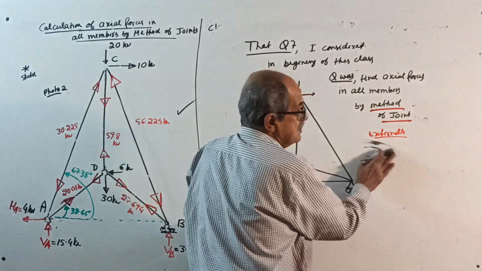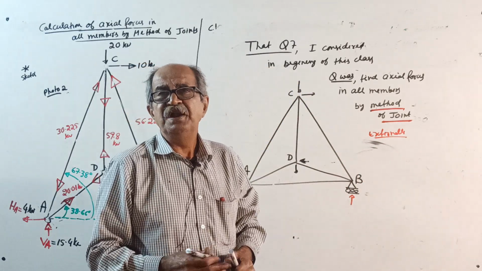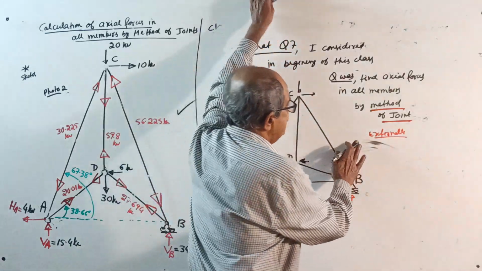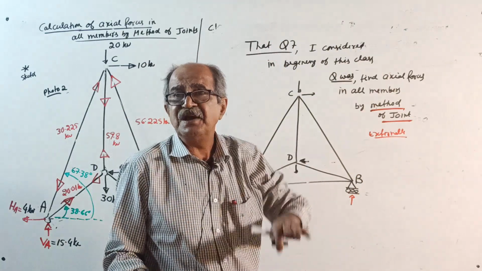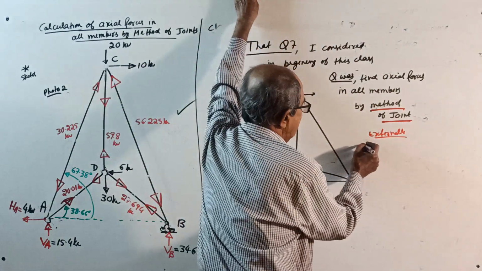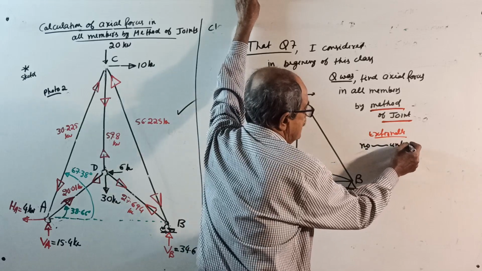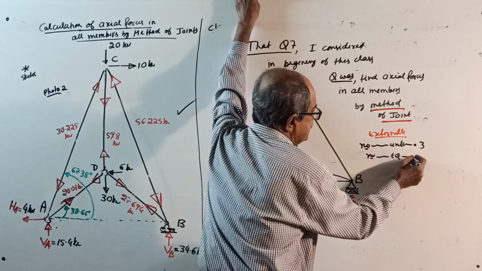number of unknowns are 3. You write, I am dictating, because later when I go to indeterminate, I will solve the same question if you want. Okay. Then I will solve the same question by software and check the answer. See, externally, right here, number of unknowns, 3. Number of equilibrium conditions, 3.